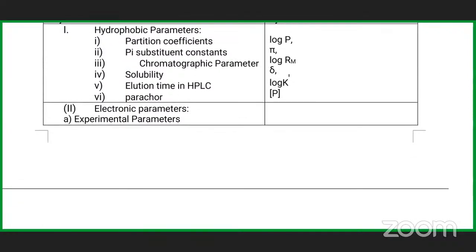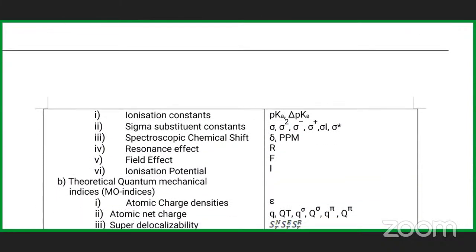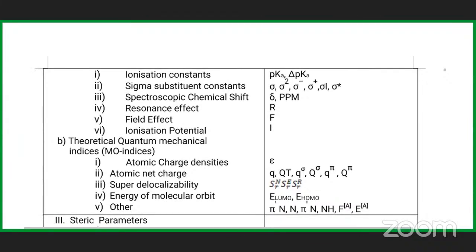And then we go with the electronic factors. It is the ionization constant, pK, and sigma, the substituent constant here, right? And the spectroscopic chemical shift value is delta ppm, the resonance effect is R, the field effect is F, and the ionization potential is I. Right?